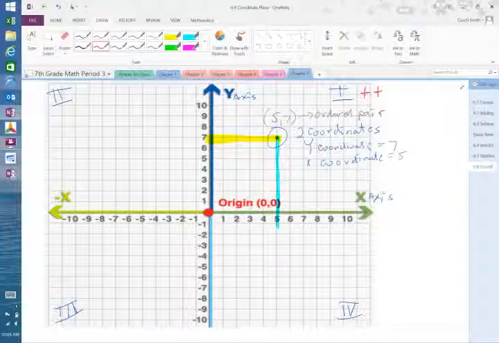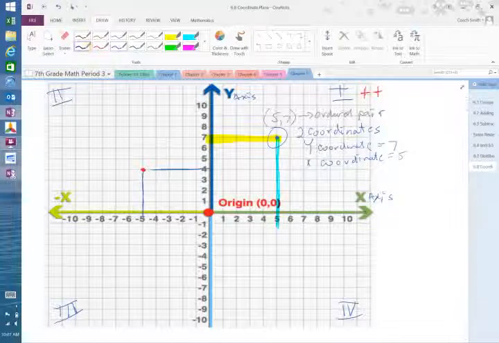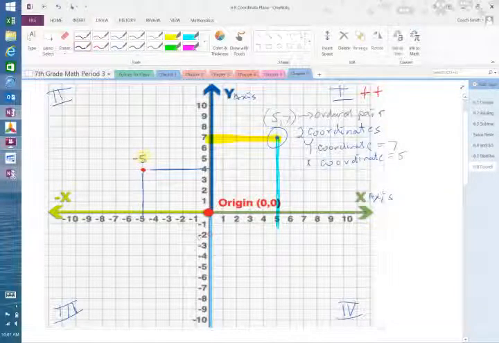Okay, if we go to quadrant 2, and let's say I put this point right here. Well, where that one crosses the x-axis is at -5. And where it crosses the y-axis is at 4. So the coordinates of that point would be -5 and 4.